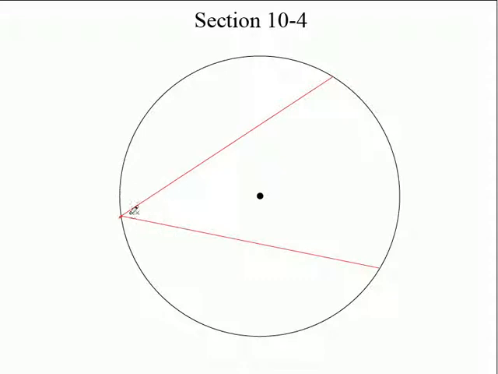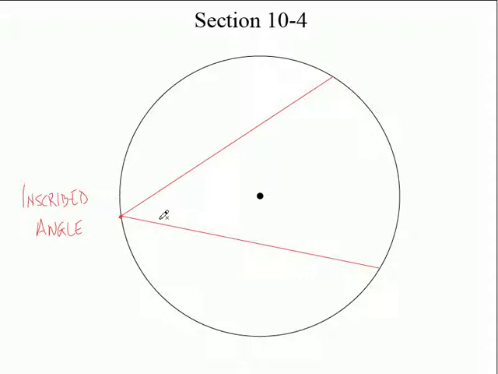That was called an inscribed polygon or an inscribed quadrilateral. So what do you think this angle is going to be called? Inscribed angle. Good. And what makes it an inscribed angle? The vertex has to lie on the circle. Not in the circle, not outside the circle, not at the center, but somewhere on the circle.